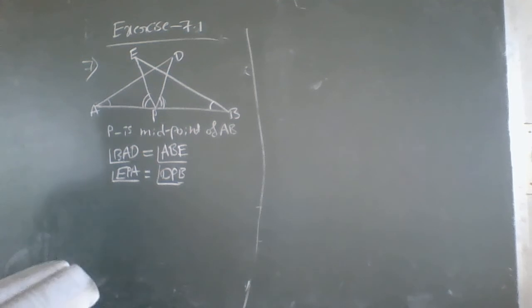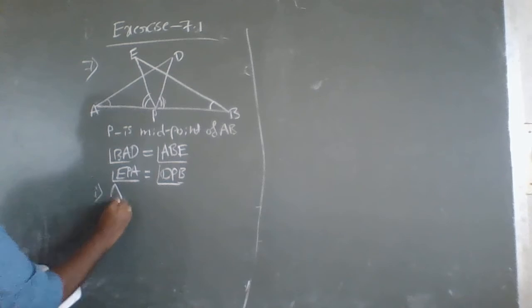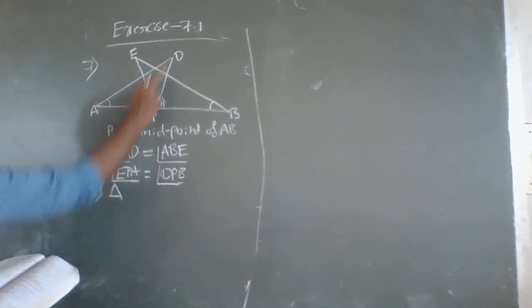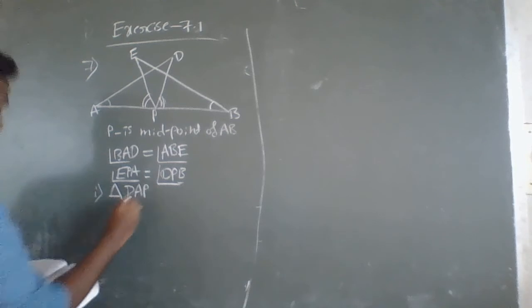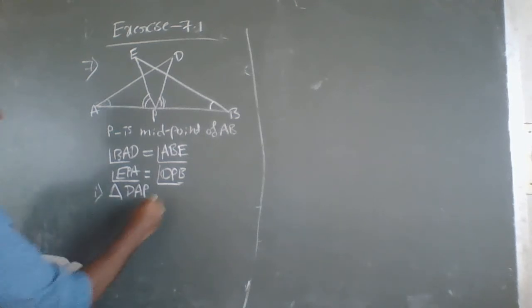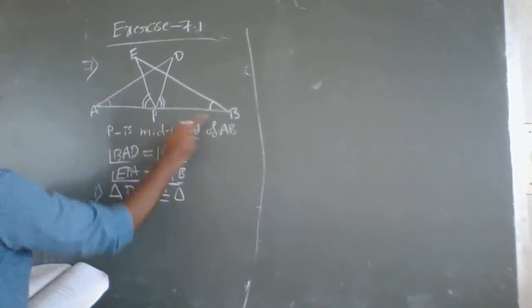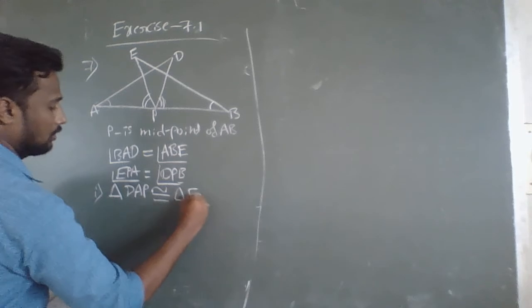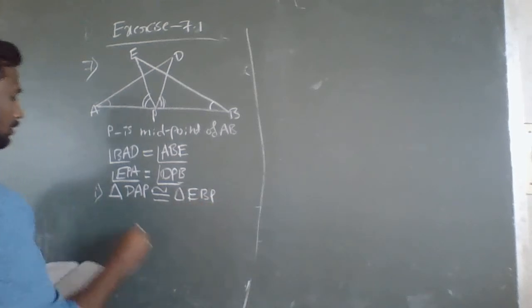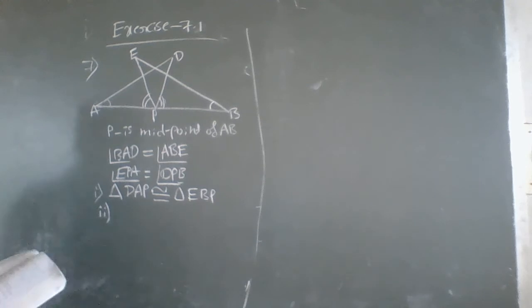Show that, we have to prove, first one, triangle DAP is congruent to triangle EBP, and second, AD is equal to BE.